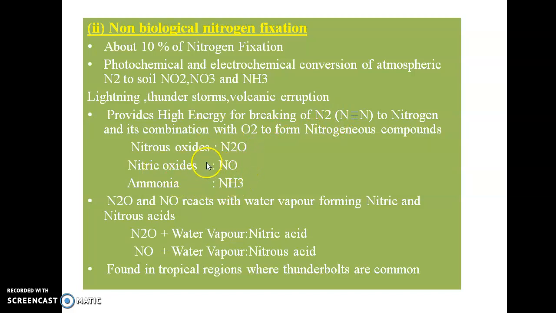So nitrous and nitric oxide are formed by this process, and these oxides react with water vapor in the rain and form nitric as well as nitrous acid. Nitrous oxide reacts with water vapor to form nitric acid, and nitric oxide reacts with water vapor to form nitrous acid. This non-biological nitrogen fixation is generally found in tropical regions where thunderbolts are common.